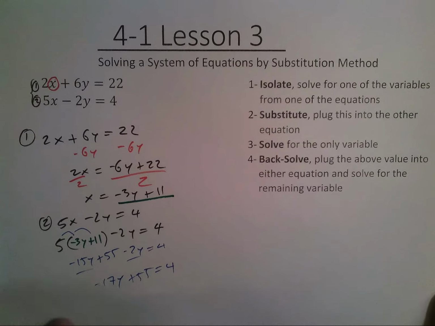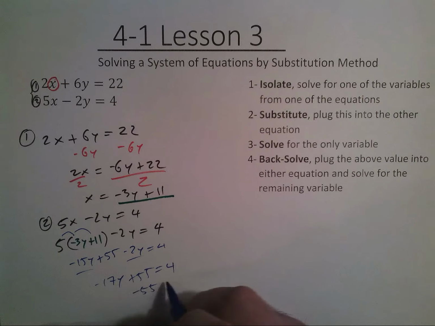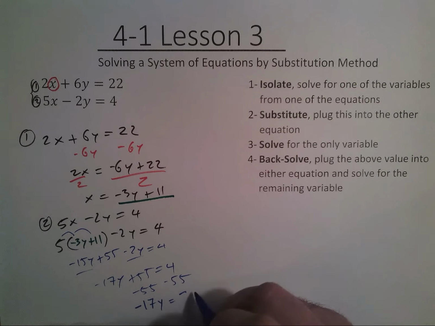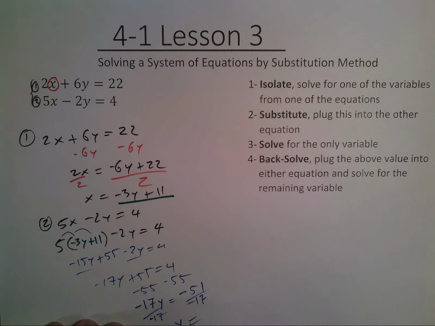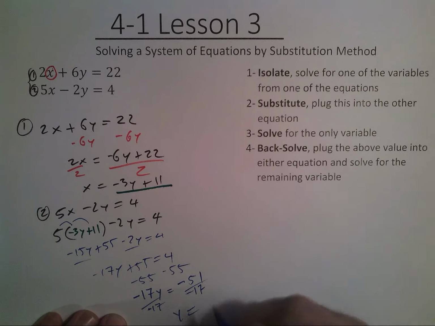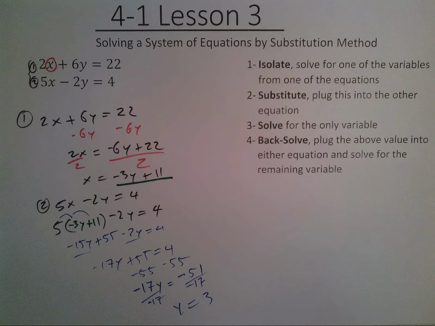I'm now going to go ahead and move the 55 to the other side by subtracting it, and I get negative 17y is equal to negative 51. In other words, divide both sides by negative 17, and I get y is equal to 3. Alright, and that's it for step 3.